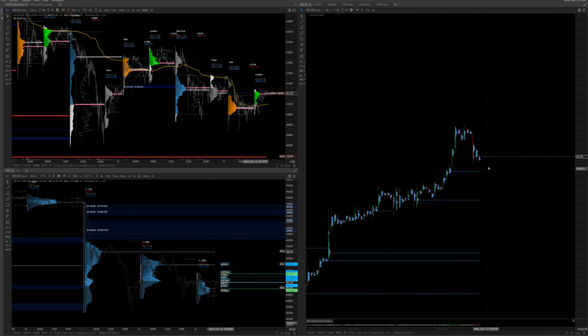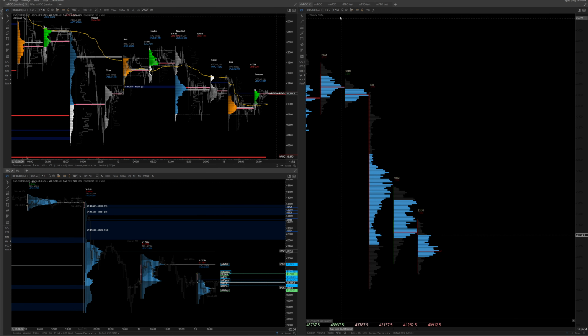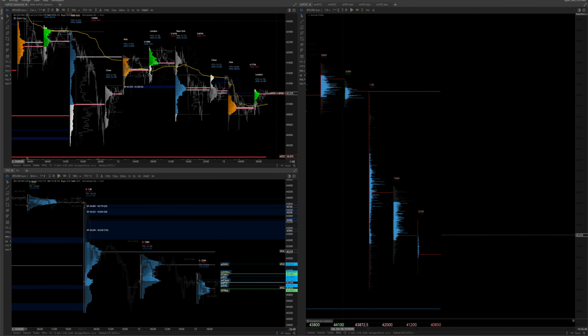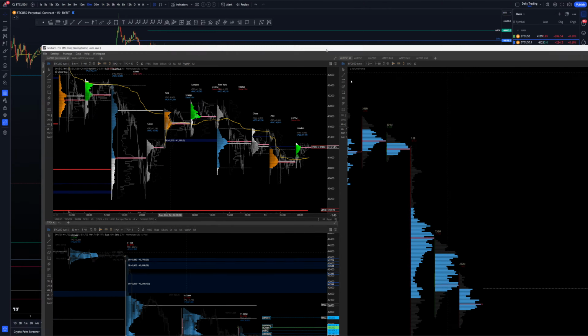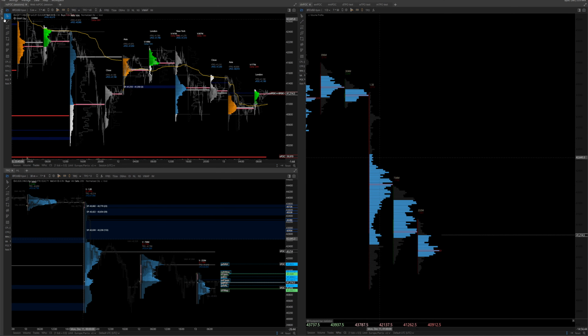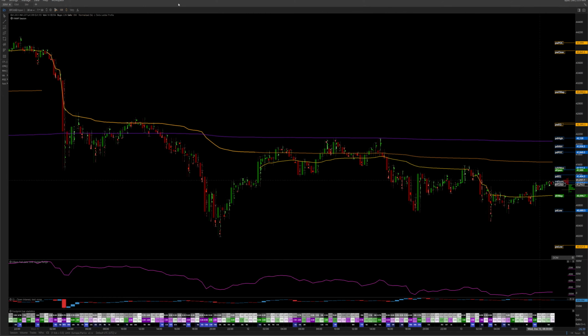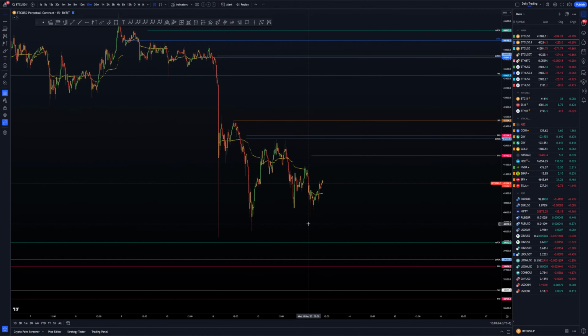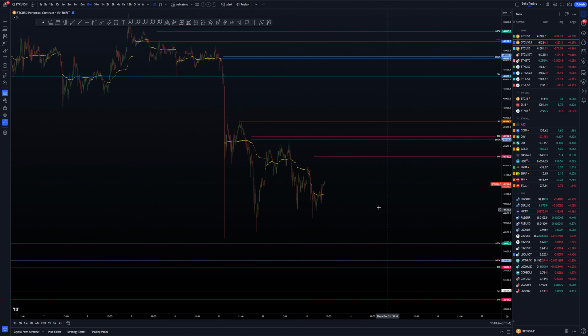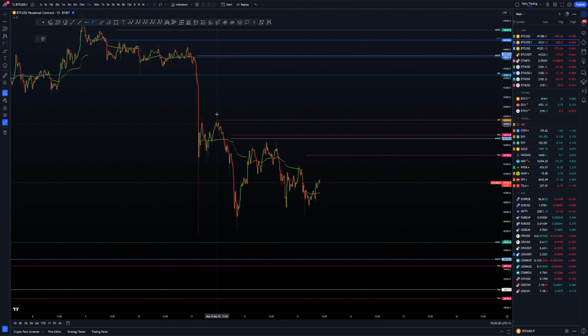In addition to this, do we have any daily naked point of control? No, we don't. Okay, then we're good with this. I'm going to check the order flow really quick next. We have only one TPO here. What we can do is simply pull the volume of this, so we can see a bit more confluence.